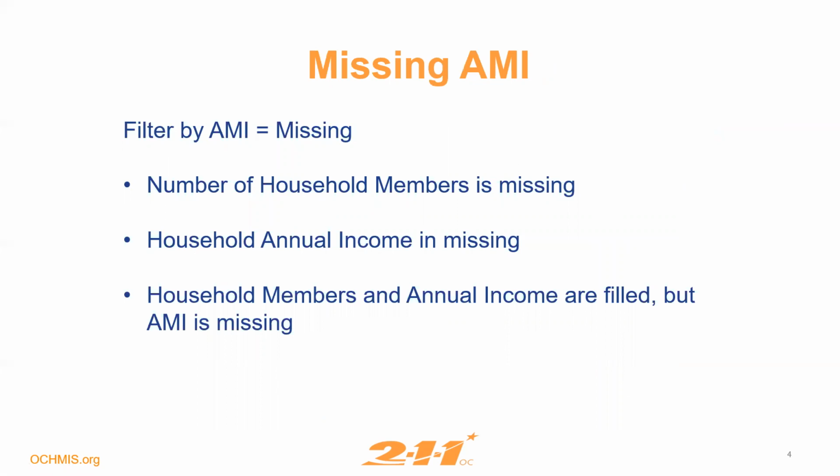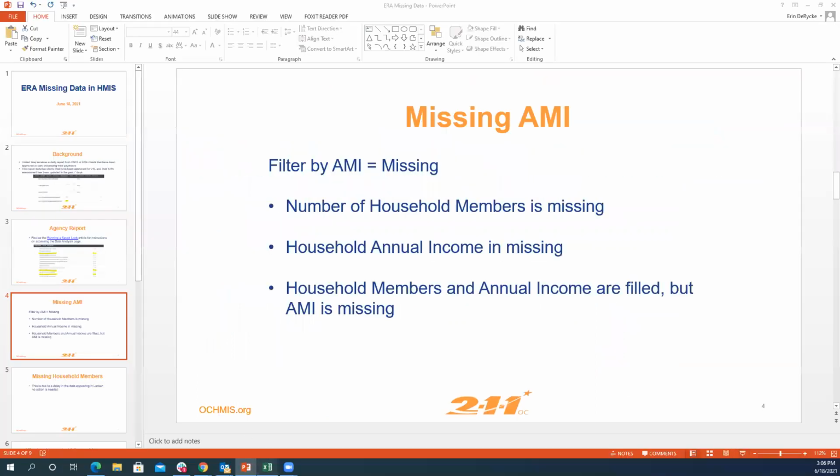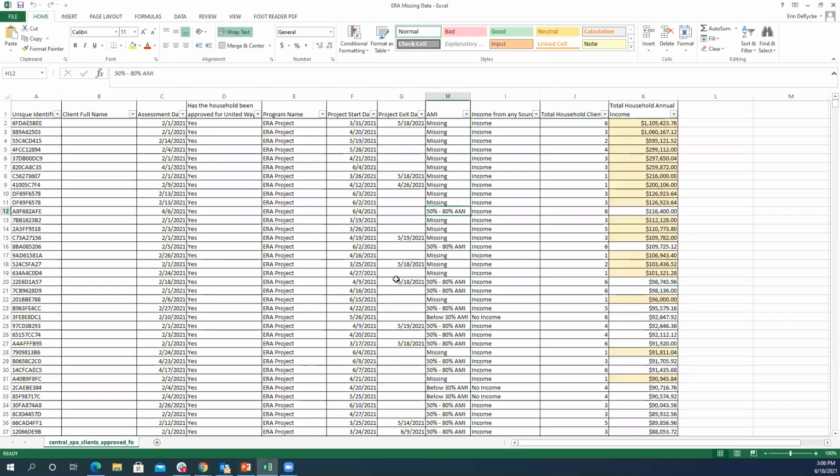By far the most common field that's missing is the AMI field. Oh, really quick, let me show you what the full report looks like. When you pull the data from HMIS, this is what it's going to look like.